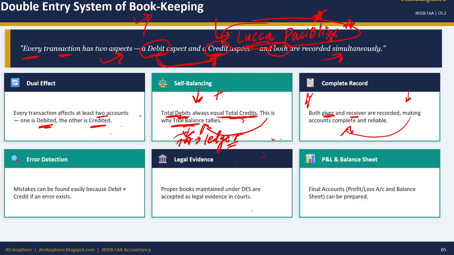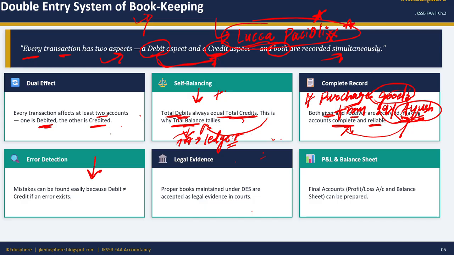Like if we purchase goods from, say, Ayush, there'll be a goods account and an Ayush's account. So both the accounts are recorded, so it'll make it reliable and complete as well.